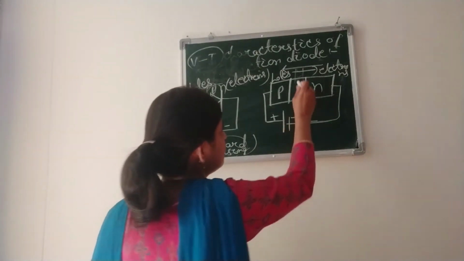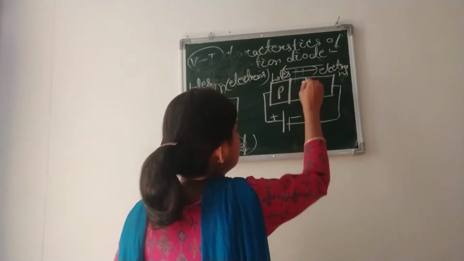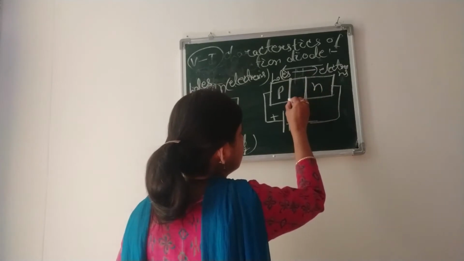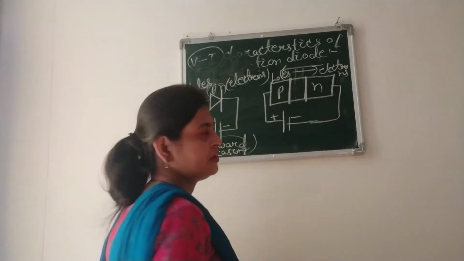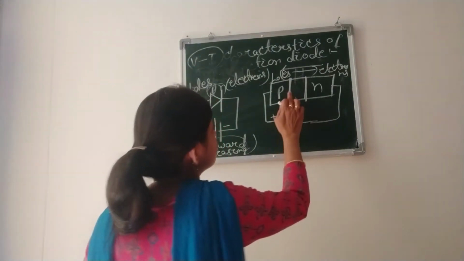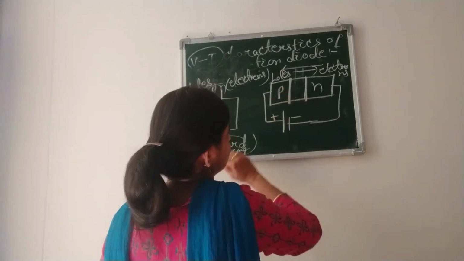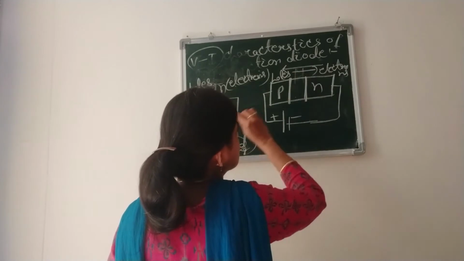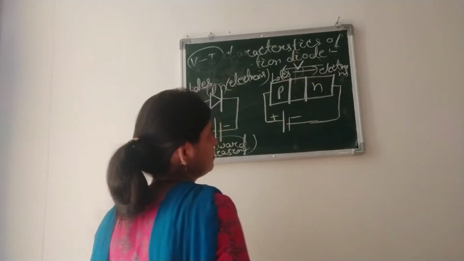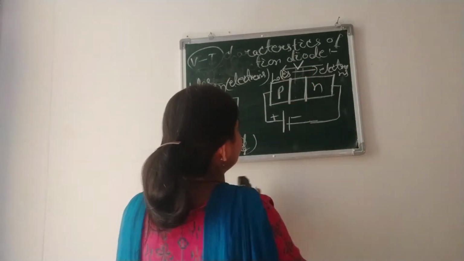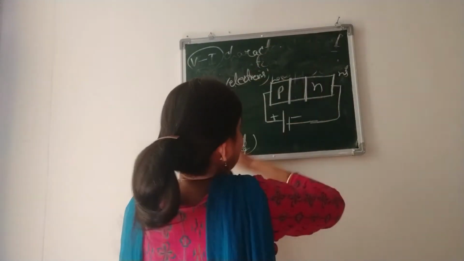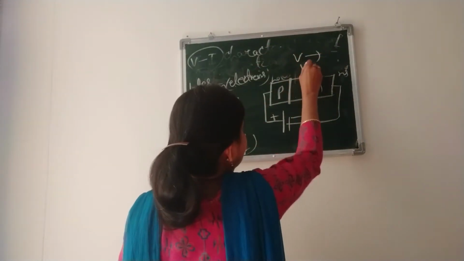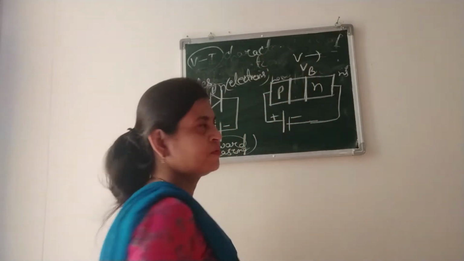Now, in this case, the depletion layer will be reduced. Why? Because in forward biasing, suppose V is the applied voltage and VB is the barrier potential.